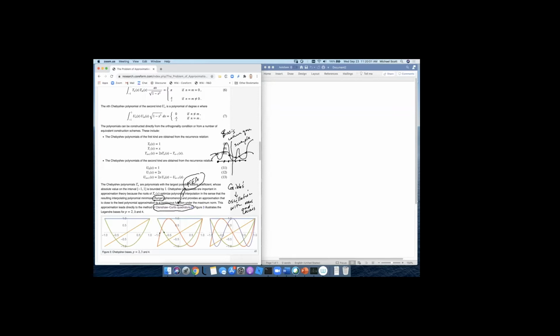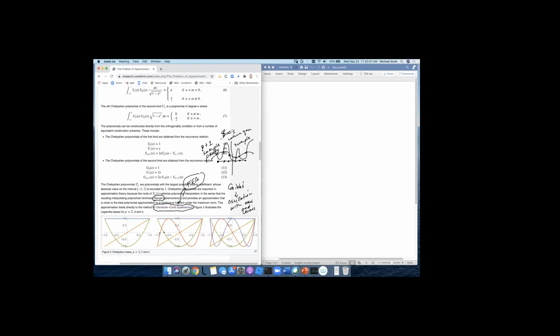But what I mean is, if you want to sample a function with a polynomial, and let's say you have pth order polynomials, then you know that in order to have a rank sufficient operator, you have to have p plus 1 sample points. And the location of those sample points has a dramatic impact on the quality of the interpolating polynomial that you compute.